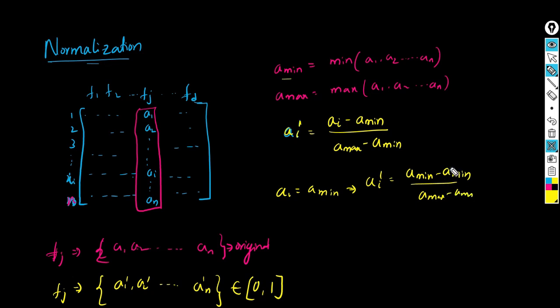Here the numerator is going to be 0, and 0 by anything is going to be 0. So ai bar we are going to get 0. This is the lower limit.